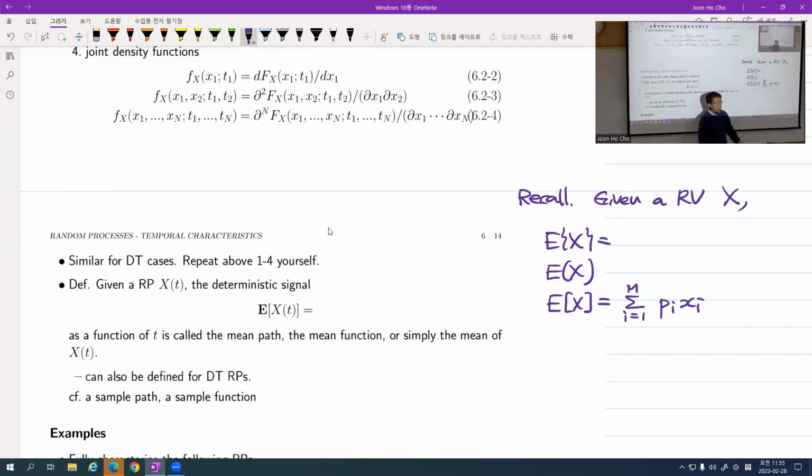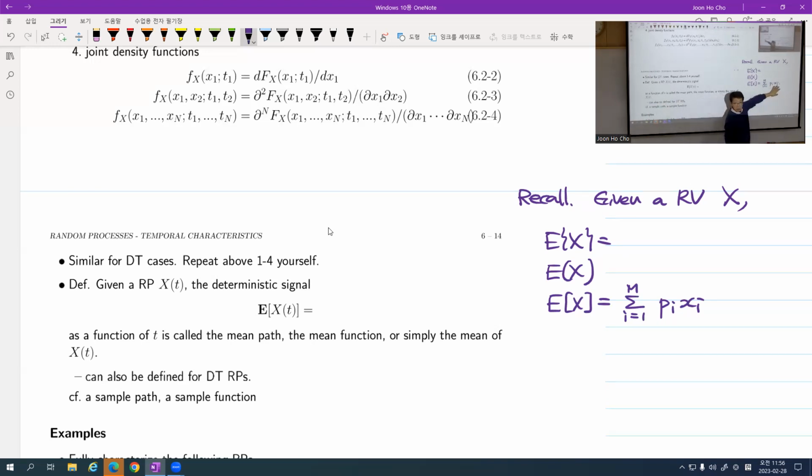So what is that? You can always interpret, because this is a very important thing, the expected value of a random something as what? Summation of, it could be a finite sum, it could be a countably infinite sum, or it could be an uncountably infinite sum, which we call integration, of what?